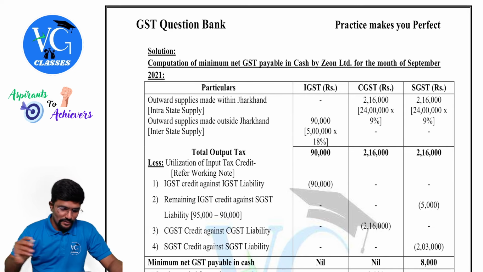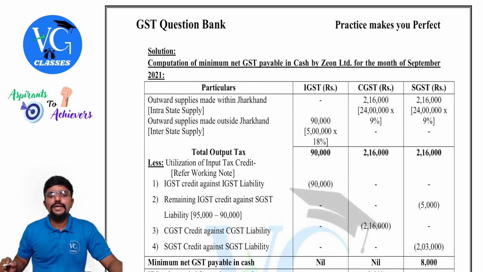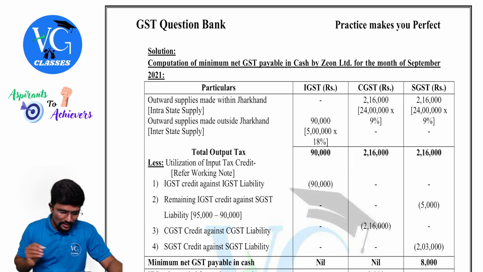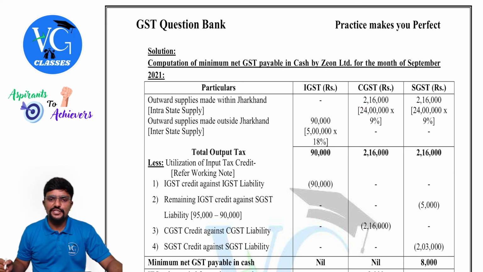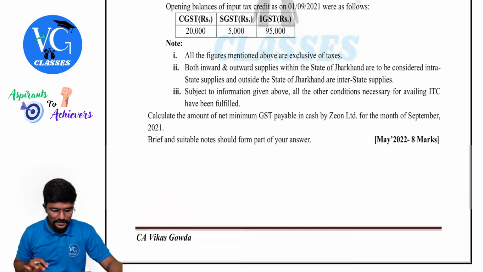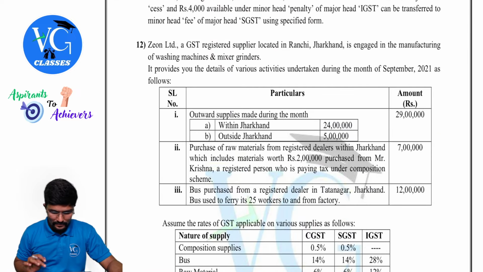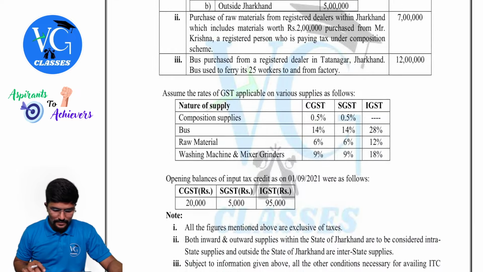Let us see. So computation of minimum net GST payable in cash by Xeon Limited for the month of September 2021. Outward supplies made within Jharkhand, intrastate, 24 lakh, 9% each.